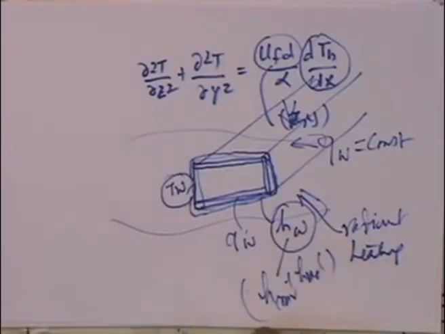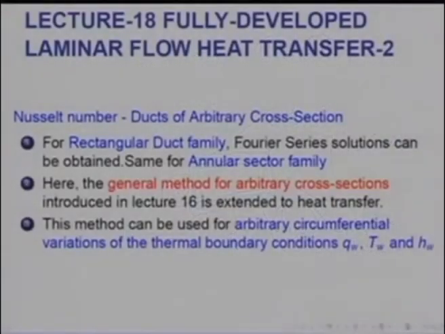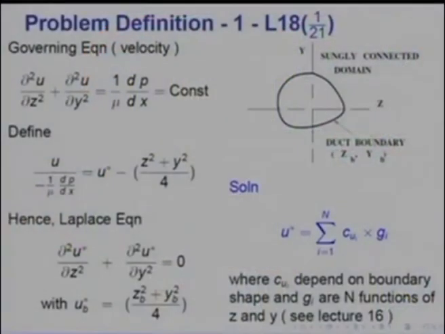So, we want to be able to tackle quite an extensive ground today, in the sense we should have a method which can be applied to ducts of arbitrary cross section and ducts that have arbitrary circumferential variation of the thermal boundary condition.